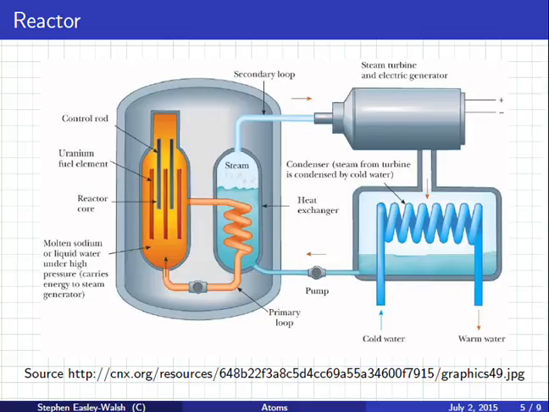The moderator's missing from this diagram. But anyway, there's something I want to show you there. You see where it says control rod? When you want lots of energy, you put the control rod up. And when you want no energy, you put the control rod down. The control rod covers the uranium.